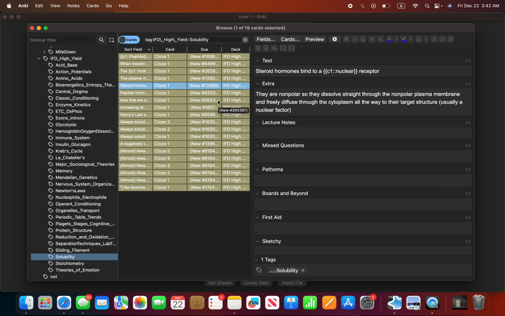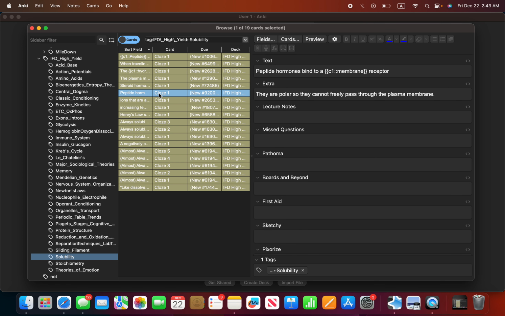They need either a receptor on the nucleus or inside. They are nonpolar, so they dissolve straight through the nonpolar plasma membrane and freely diffuse through the cytoplasm, all the way to their target structure, usually a nuclear factor. We have peptide hormones that bind to a membrane receptor, and they are polar, so they cannot freely pass through the plasma membrane.